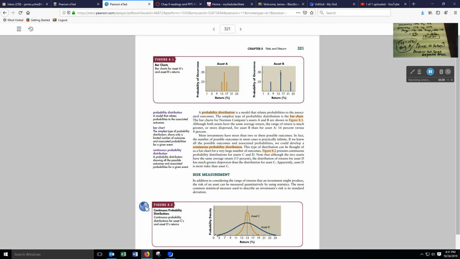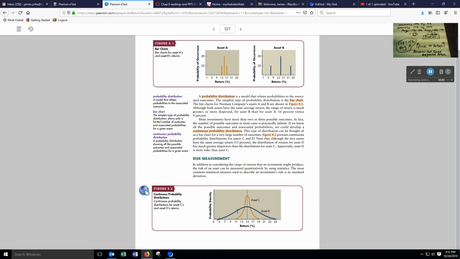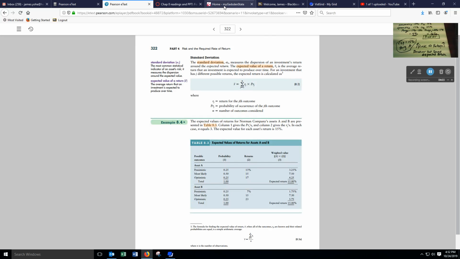The mean is your expected return versus asset A. If we look down here at the continuous probability distribution, you can see that asset D is more widely distributed around that expected return than asset C. Asset C is more tightly compact around the expected return.